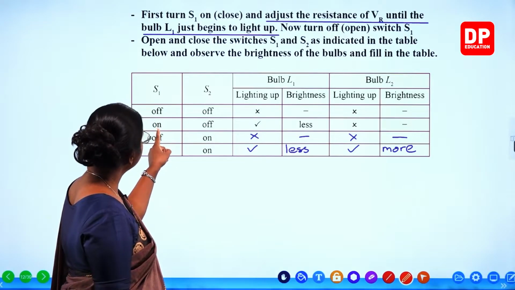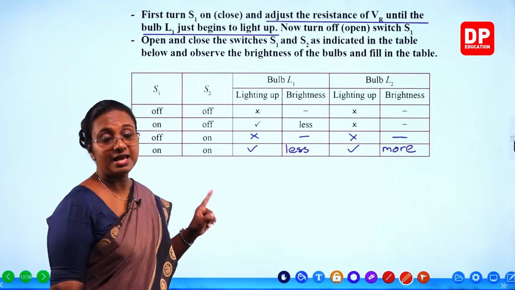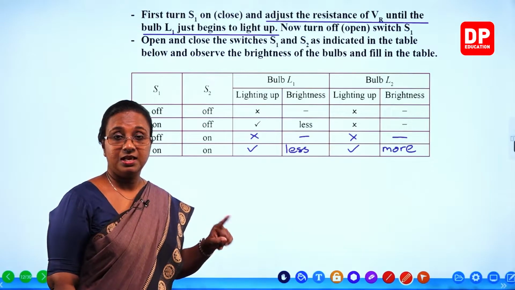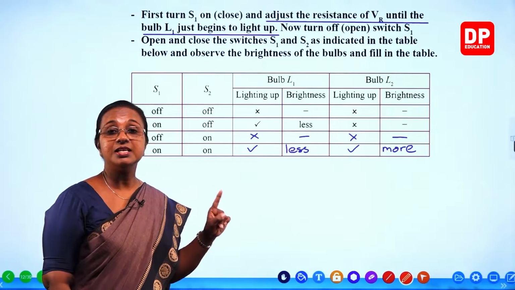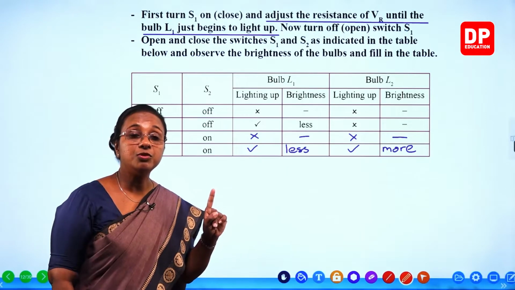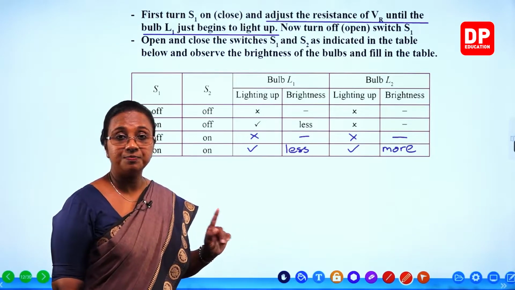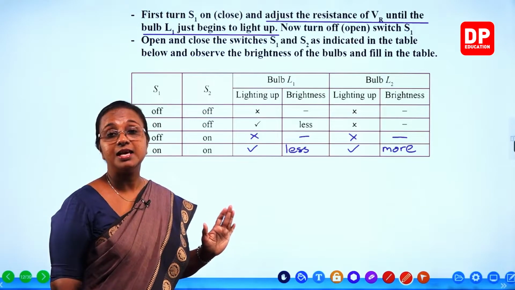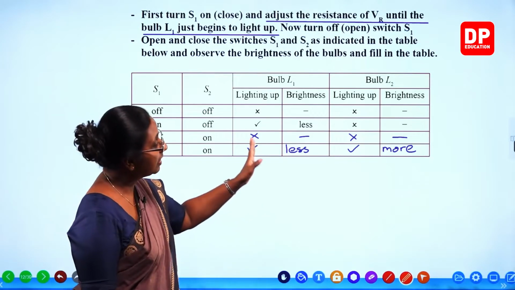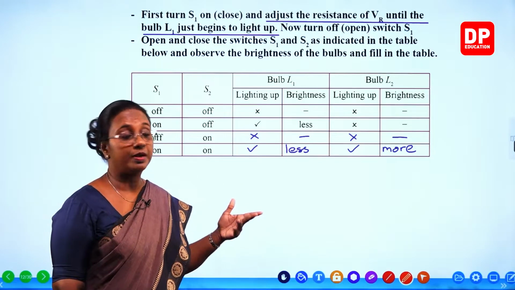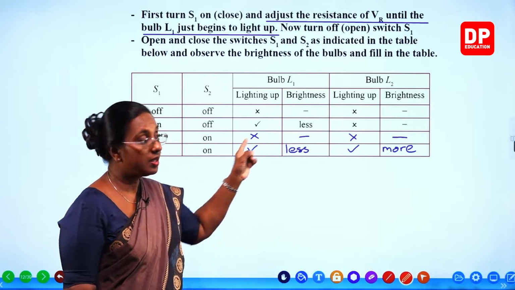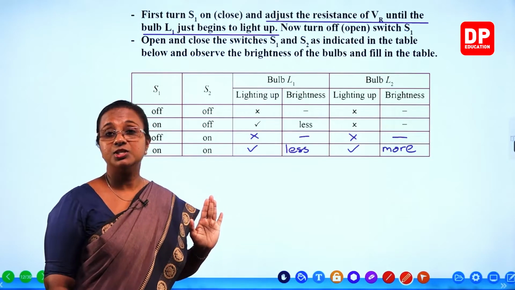Then, when you turn on S1, that is the input circuit, the base emitter junction is the input circuit. If you turn that on, bulb L1 will light with less brightness. But because the output circuit is open, that is S2 is off, the bulb L2 does not light up.